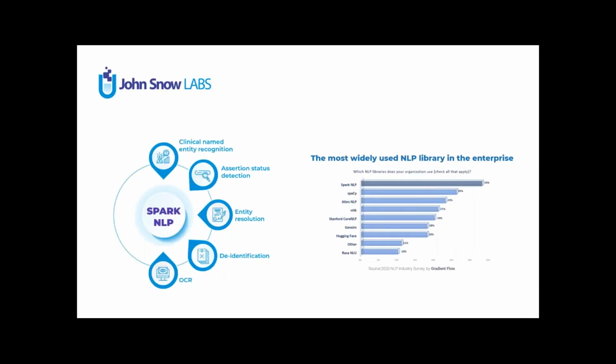But how can we deal with this unstructured information? How can we extract and classify this information? There are many approaches, and those are mostly named under the label of natural language processing.